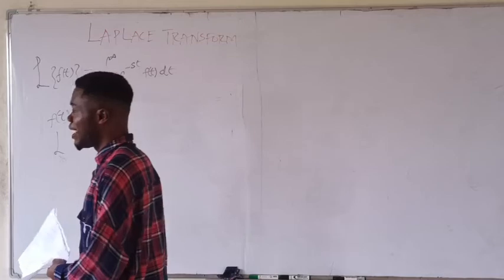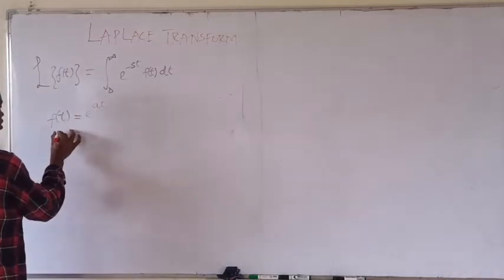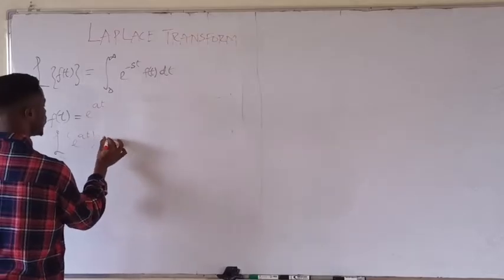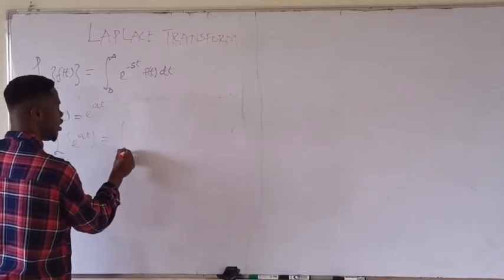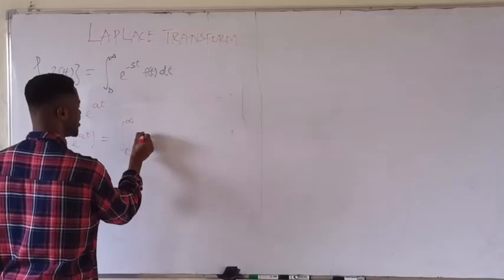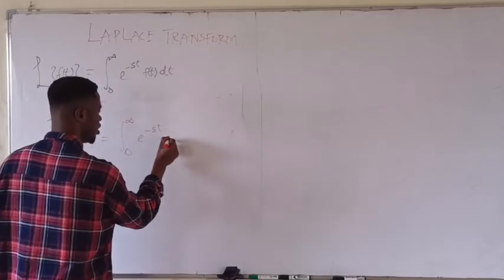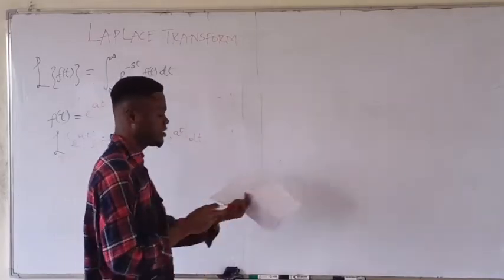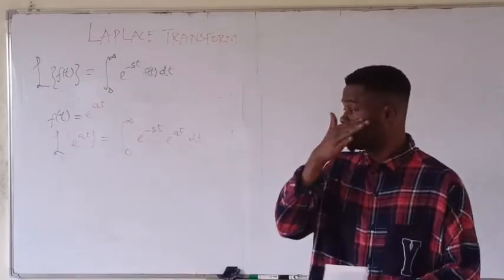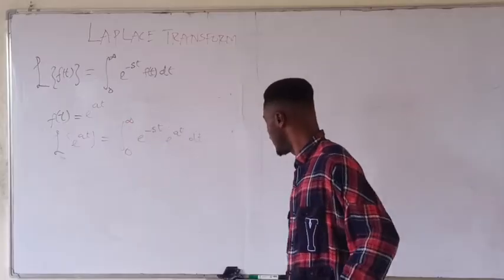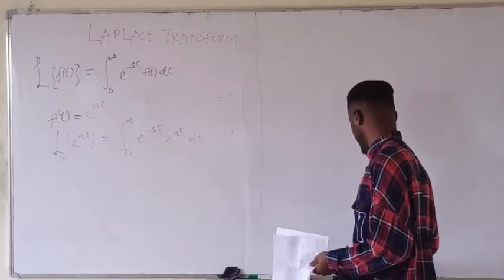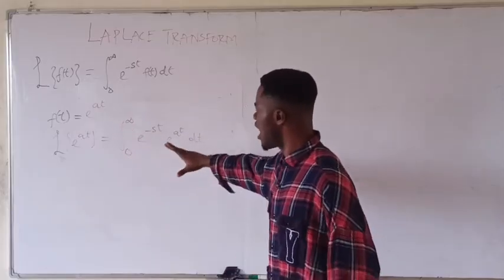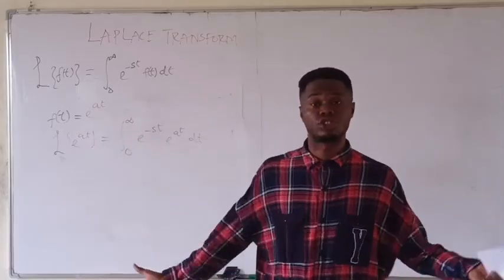And of course, the Laplace of exponential of at is equal to the integral from 0 to infinity of exponential of minus st times exponential of at dt. Alright, so this is the definition of the Laplace.